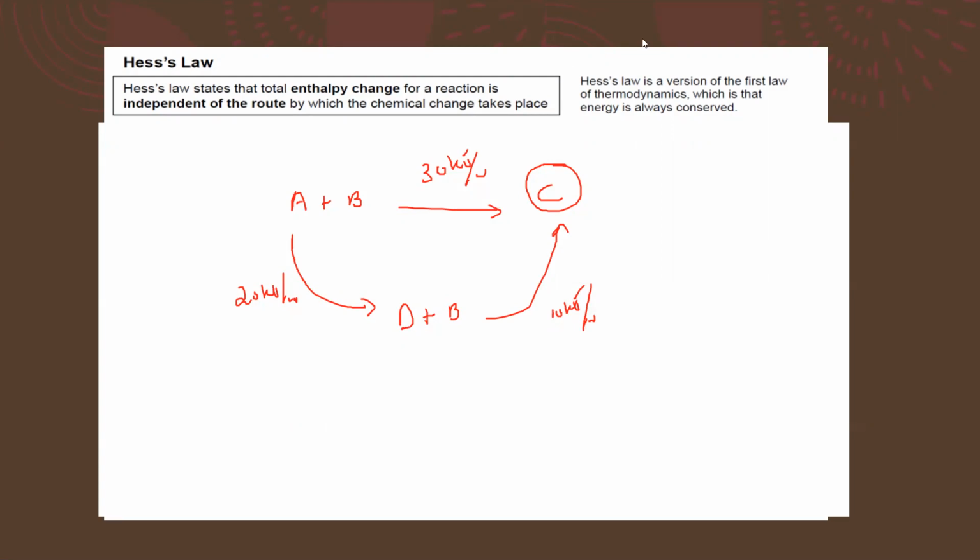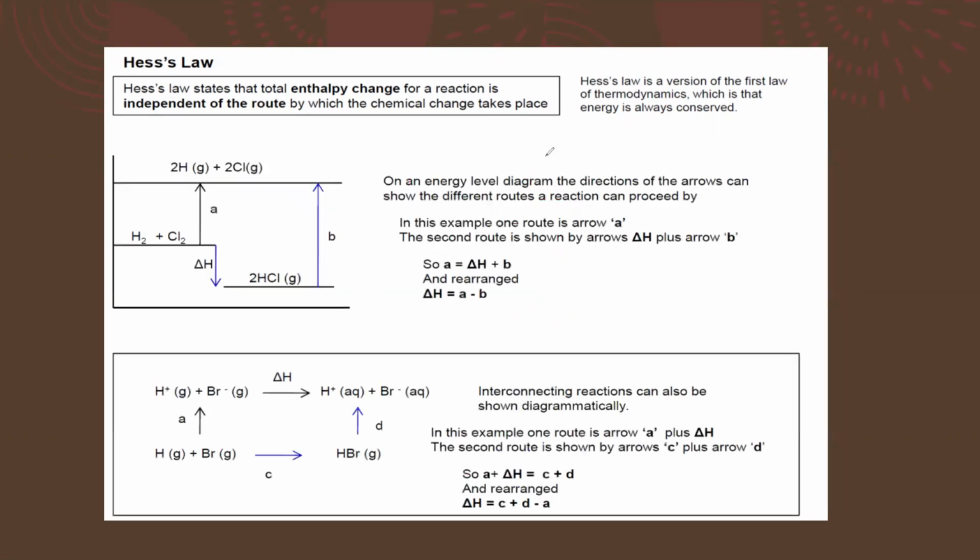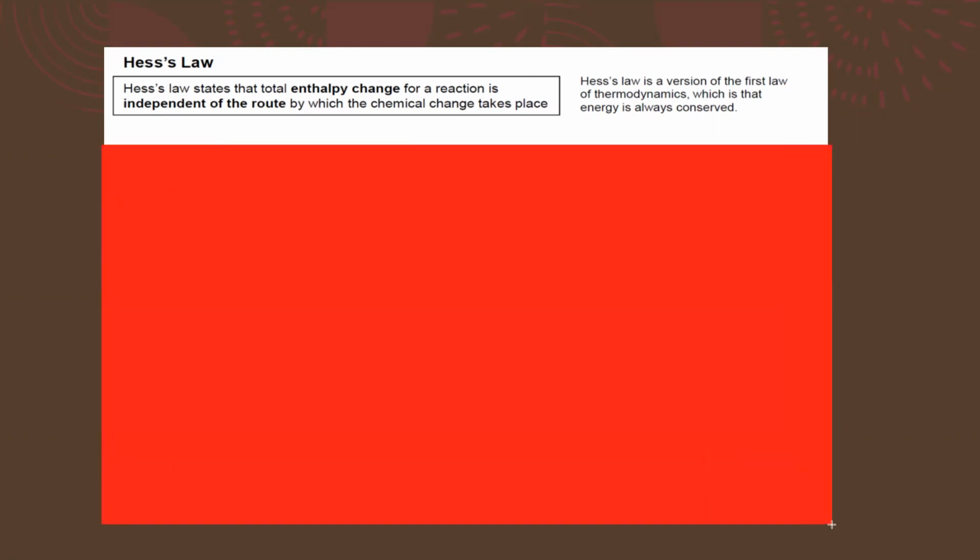So for example, say a reaction is there between hydrogen and chlorine to form hydrogen chloride. So you have a reaction, hydrogen gas is reacting with chlorine gas, and it will form hydrogen chloride, HCl.